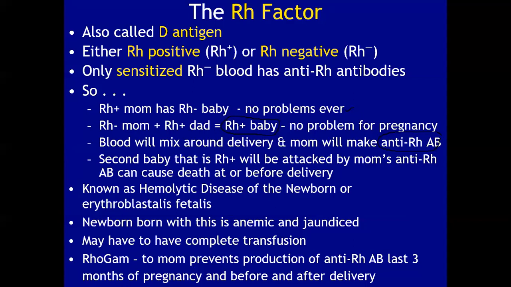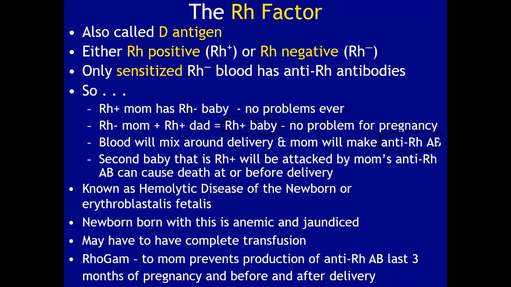It's known as hemolytic disease of the newborn, or sometimes you hear it called erythroblastosis fetalis. If the baby's born alive, a lot of times it is anemic and jaundiced. The jaundice comes from all of the hemoglobin it's recycling because it keeps destroying all those red blood cells because of those antibodies. So the baby may have to have a complete transfusion.